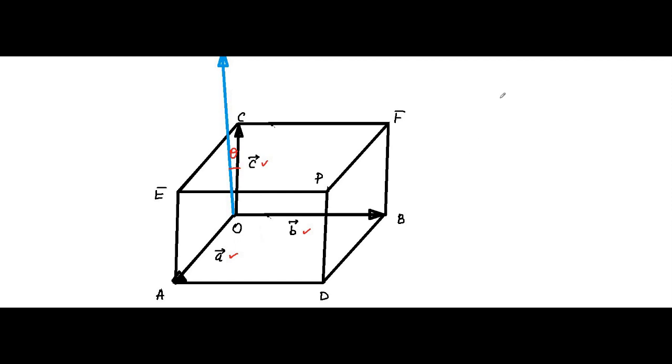So here the OA edge is represented by A vector, the OB coterminous edge is represented by B vector, and OC is represented by C vector.